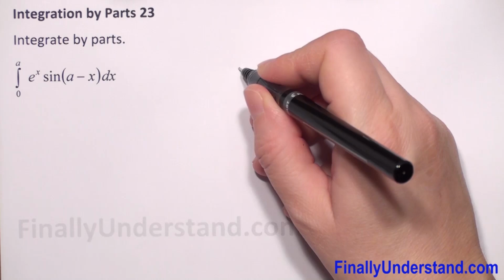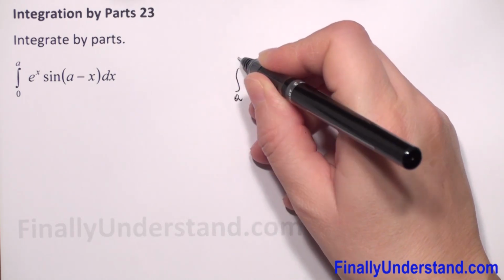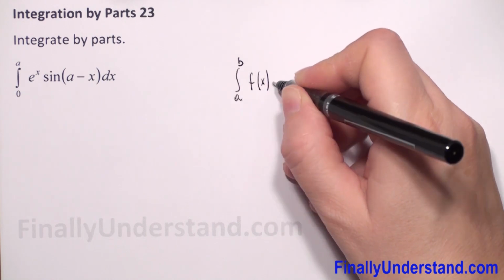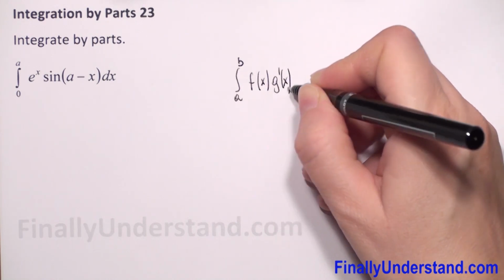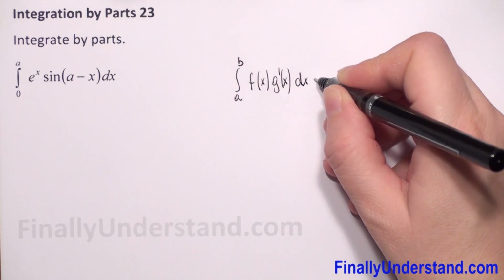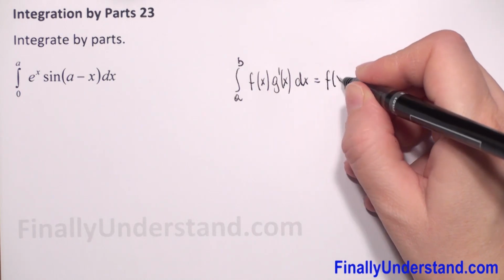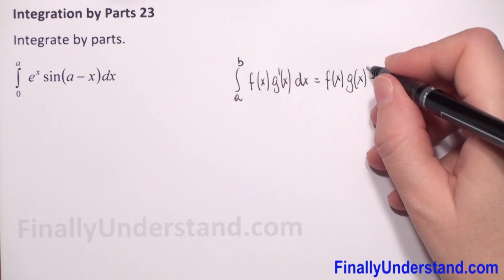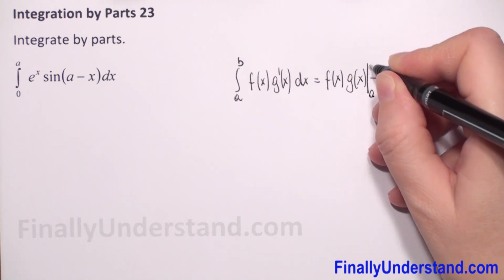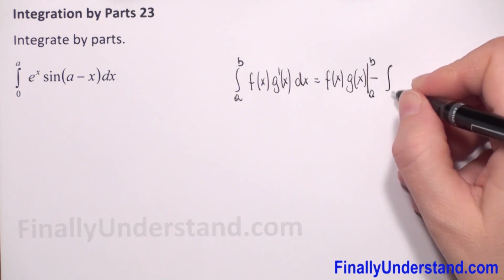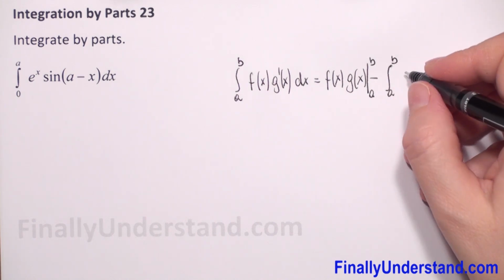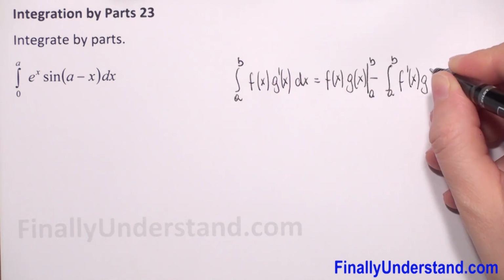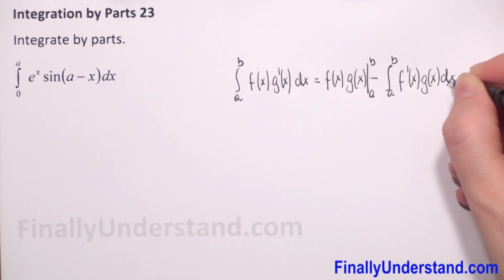When we have the definite integral from a to b of f of x times g prime of x with respect to x, this is equal to f of x times g of x, and of course we have to put limits from a to b, minus the integral from a to b of f prime of x times g of x with respect to x.